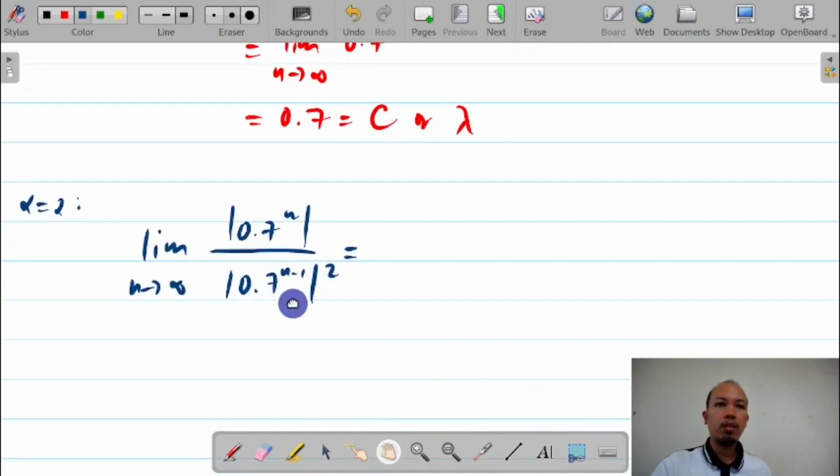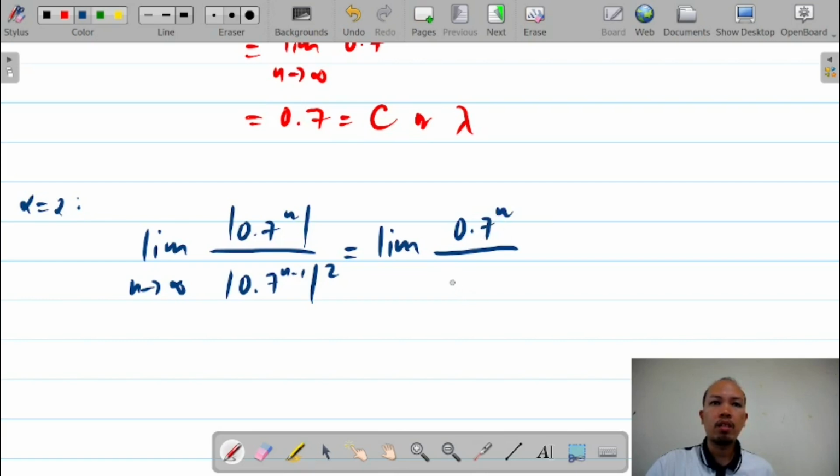Okay, so notice that our n are positive numbers, so we can remove the absolute value sign. So this is 0.7 to the n over 0.7 to the 2 times n minus 1 as n approaches positive infinity.